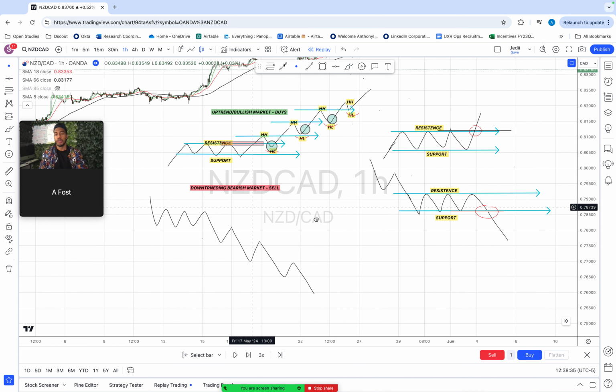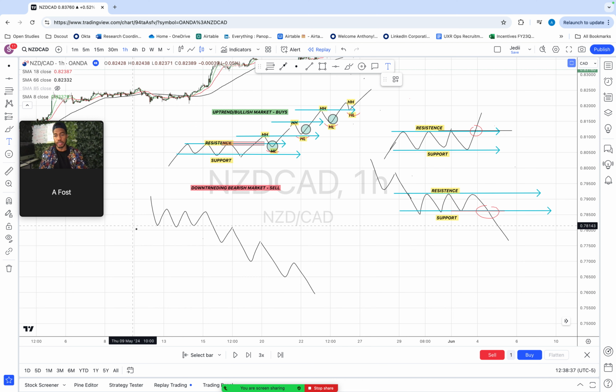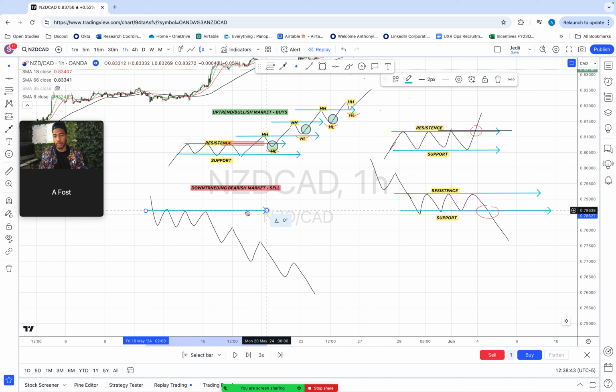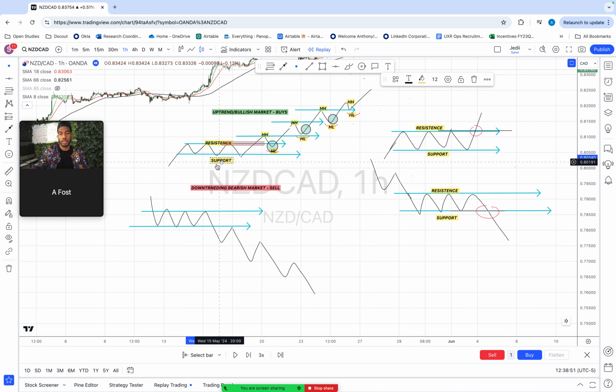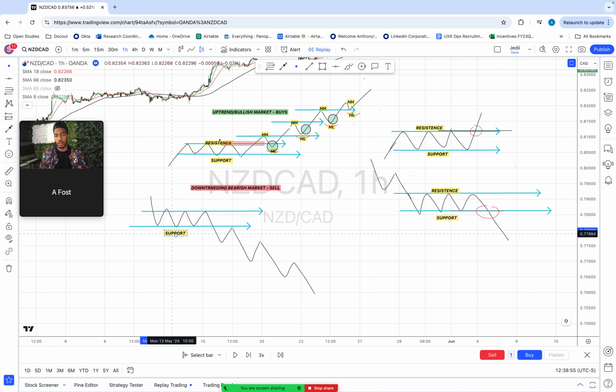Okay, so let's go ahead and identify these. Let me go ahead and just draw a little bit of a support level or resistance level right here. Resistance level right here. Support level.